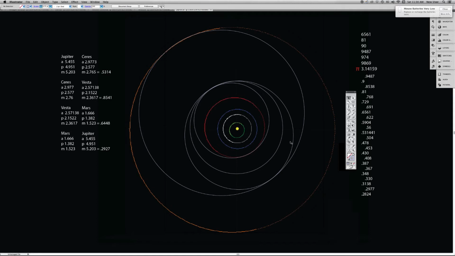And there we have it. Vesta, Ceres, Jupiter. And the 8538 increment from Ceres to Vesta is a 9487 split between 0.9 and 0.81. So the crop circle design that we've seen had a lot of 9487s.